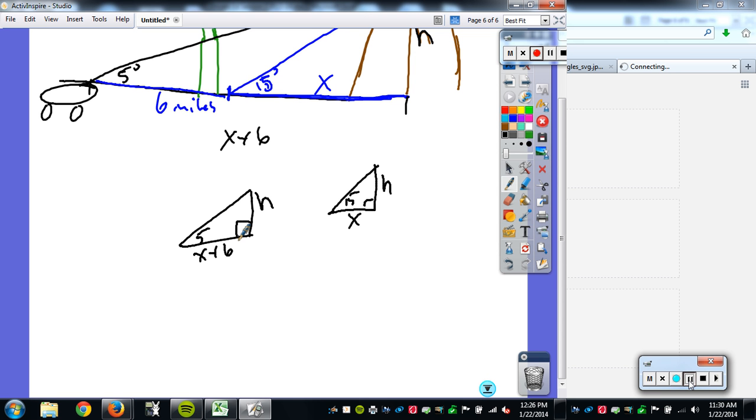On this one, we have to use a system of equations. Because how many variables do I have? I have 2. So how many equations do I have to have? 2. Because that's how systems of equations work. Remember, if you have 2 unknowns, you need 2 equations; 3 unknowns, 3 equations, right? Can anybody tell me which trig function I'm going to use for this one and this one, that's the same thing?